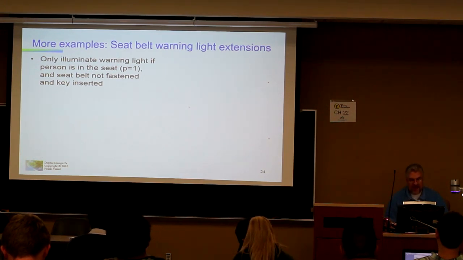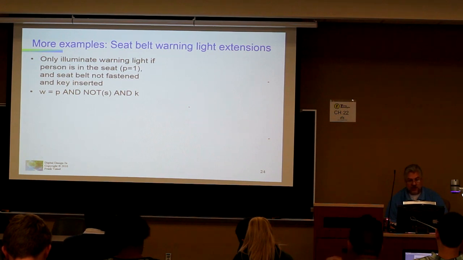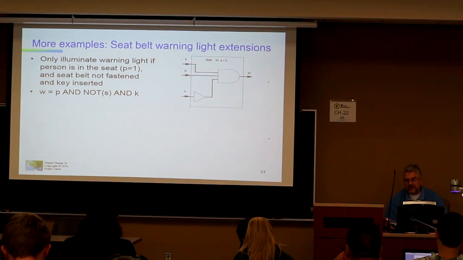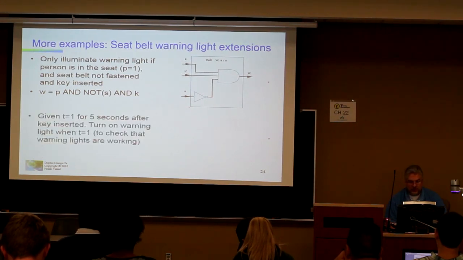All right. So again, only illuminate the warning light if the person is in the seat and the seatbelt not fastened and the key inserted. So we'll look at that formula, and now it's 3 ANDs, right? Three things that we're ANDing together, and we could do that with a 3 input AND gate. All we have to do is add an additional input.